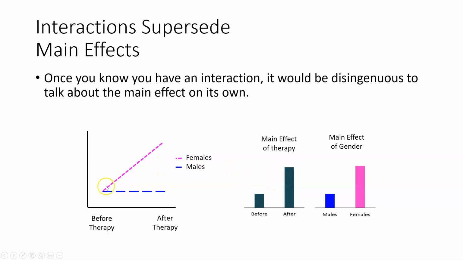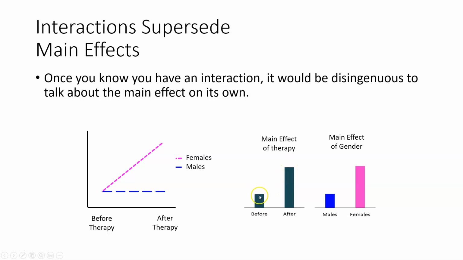So before we were averaging the pink and the blue points, and after we're averaging the pink and the blue points right in the middle, and if we carry these lines over, then after therapy their level would be here, and before therapy their average level would be here, if we're ignoring their gender. So the main effect of therapy, just alone, ignoring gender, is before and after.